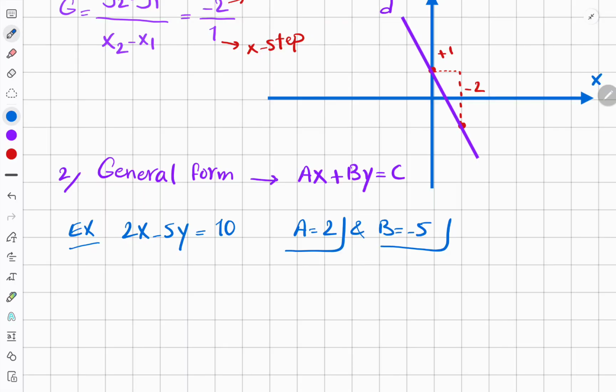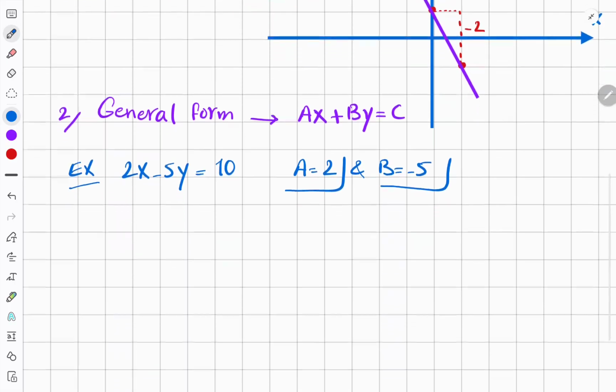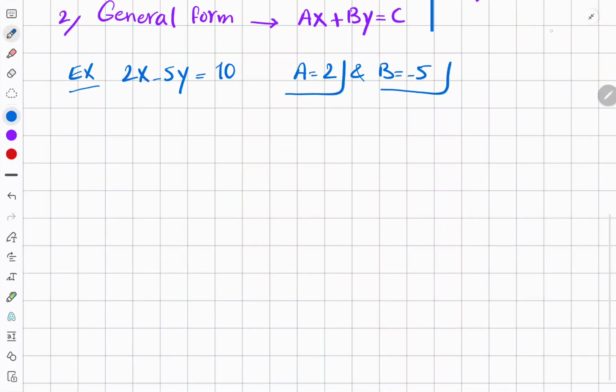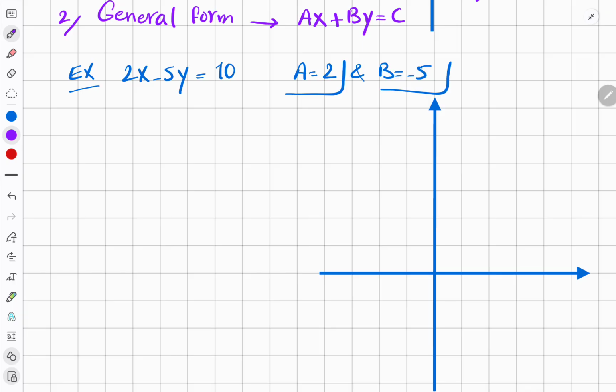So what if we want to sketch this equation, 2x minus 5y equals 10? When we have a general form of a straight line, we need 2 points to sketch that line. So I'm going to draw a table of values, x and y.